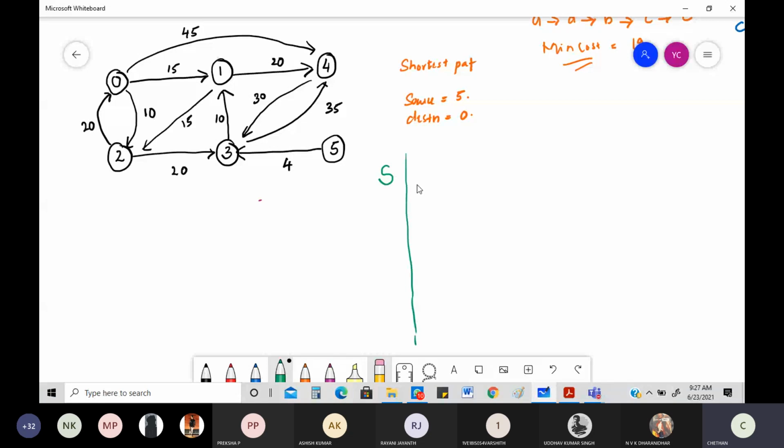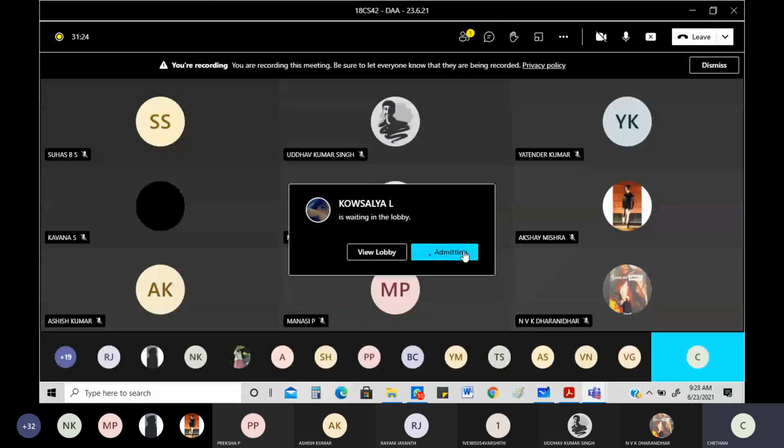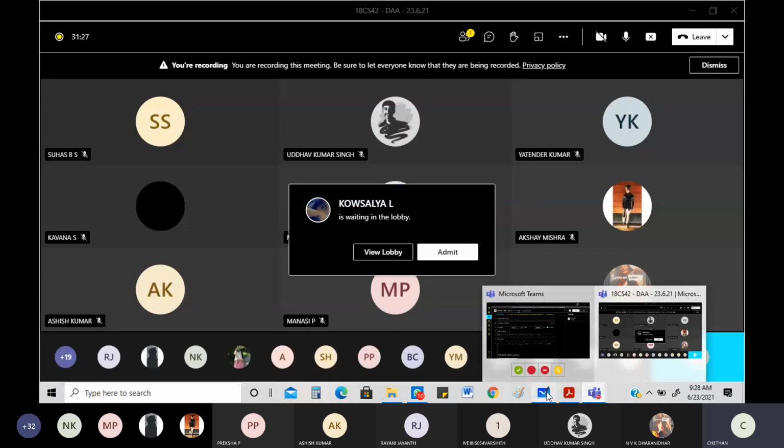All these things will be there in the notes which I'm going to send. The source is nothing but my 5, no doubt in that. Can I write the remaining vertices? They'll come in some sort of an order. The remaining vertices are 0, 1, 2, 3, 4. Any doubts in that? No.